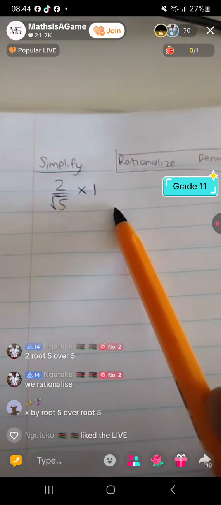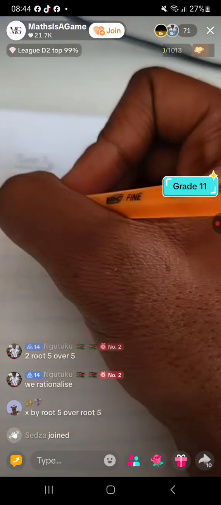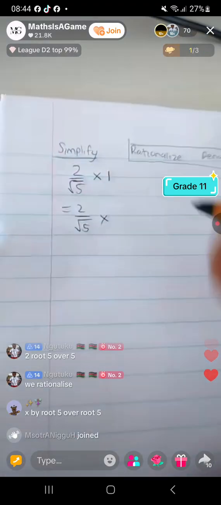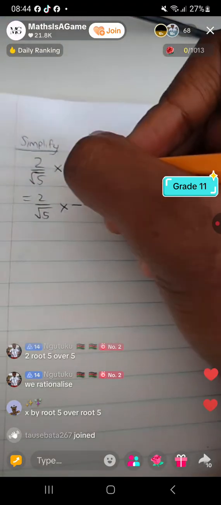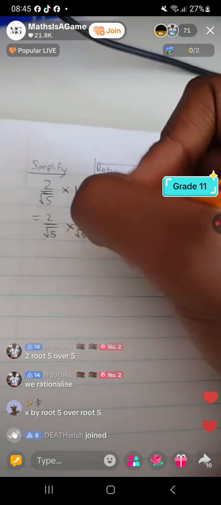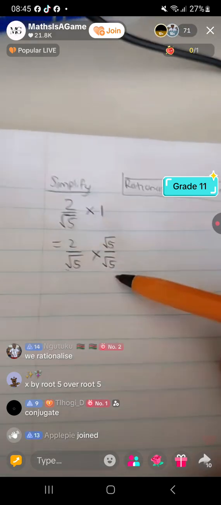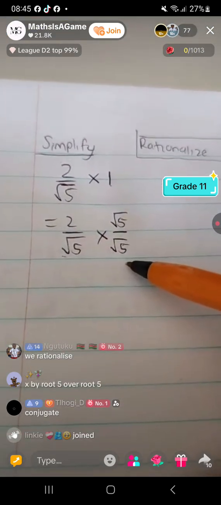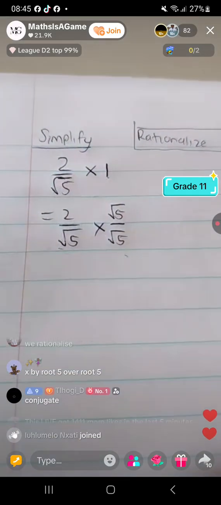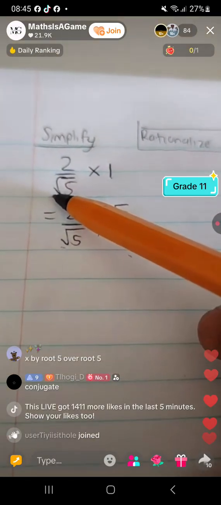What is 2 root 5 times 1? It is equal to 2 root 5. But what we do specifically is multiply by a special one, which uses the same denominator, root 5, as a fraction: root 5 over root 5. Remember, for one term we multiply by the special one, and we get our direction from what we see in the denominator.